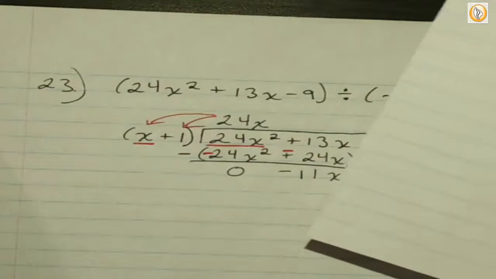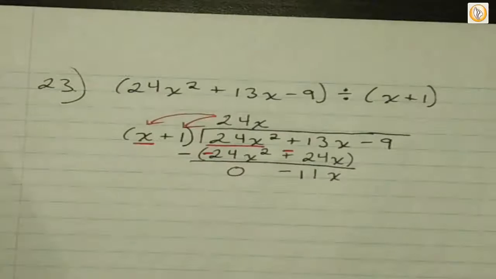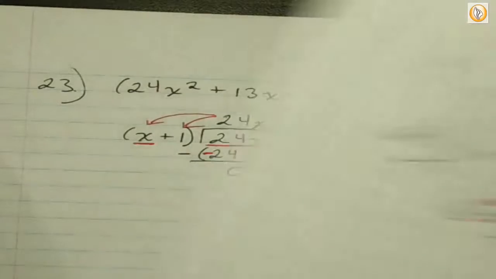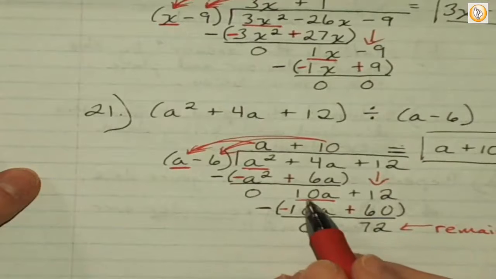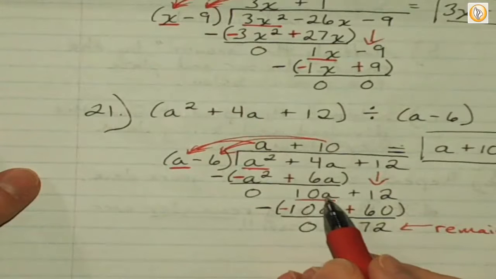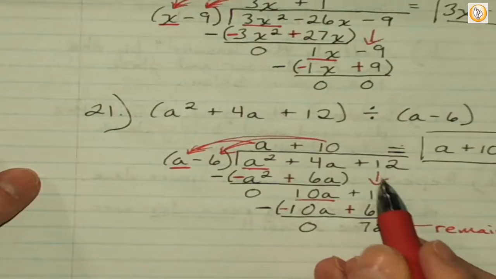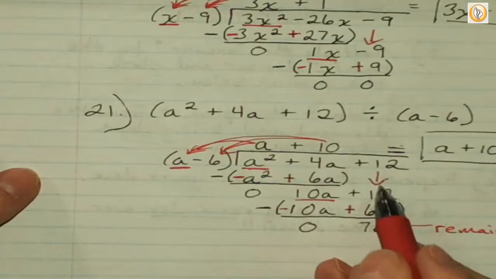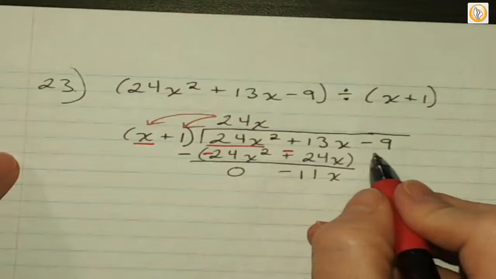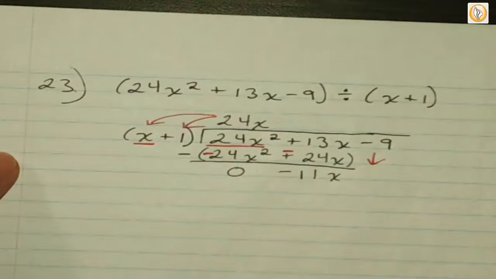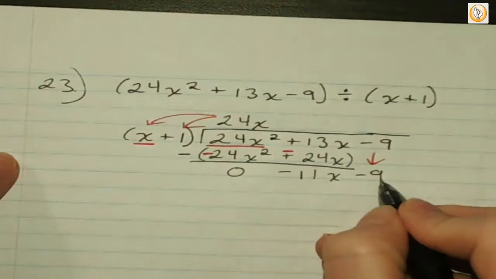On this one we looked at the 11x and the 1. We got to here. And then what do we do? Very good. We're going to bring down the -9.